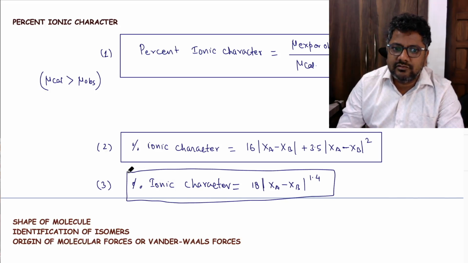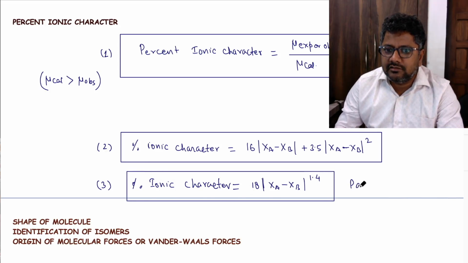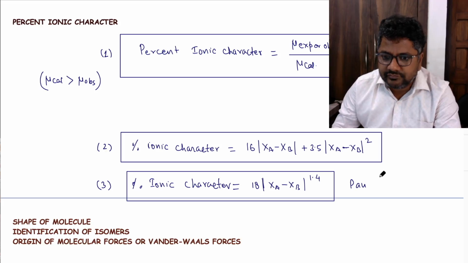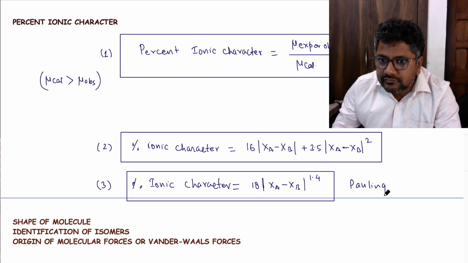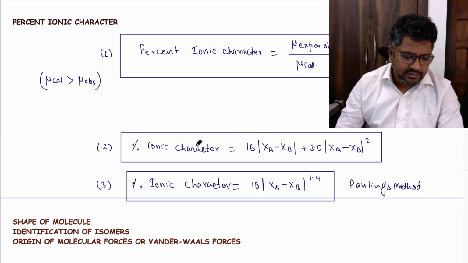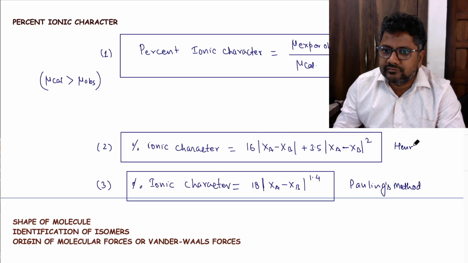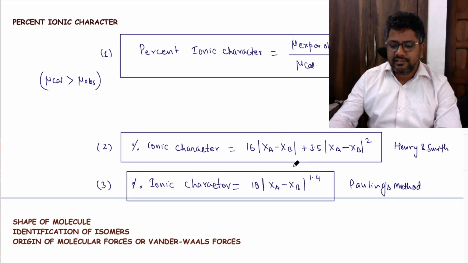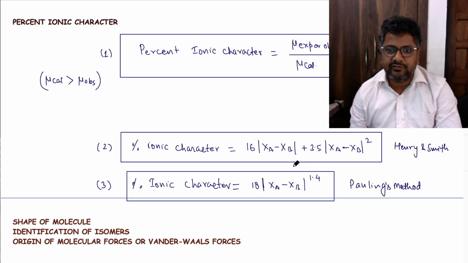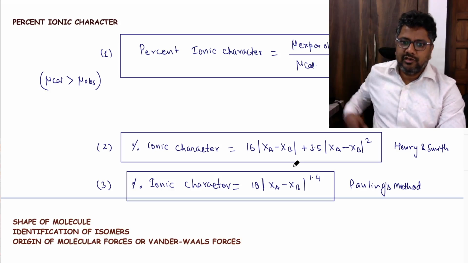This is called Pauling's method, and this is, I think, Henry and Smith. So these are the formulas by which you can calculate the percent ionic character in any molecule, right?